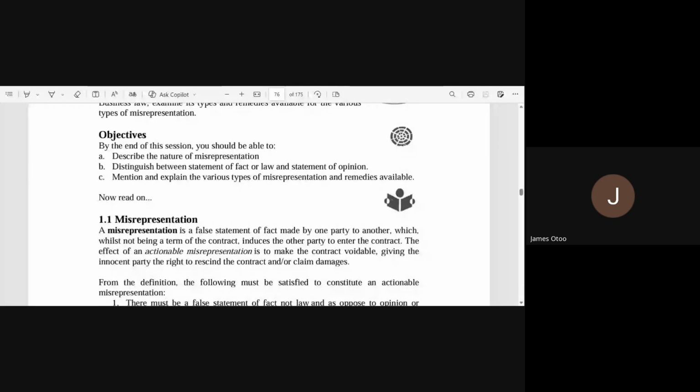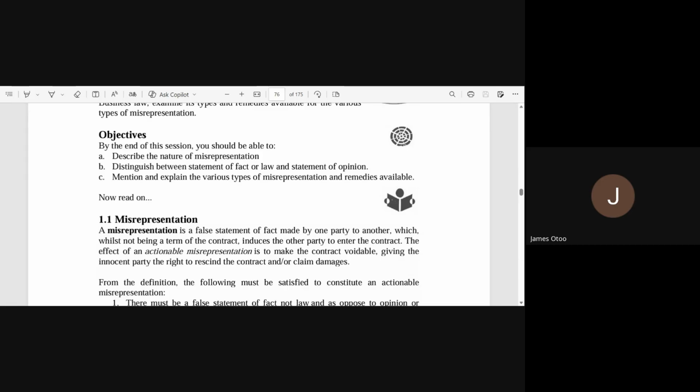Now, when you talk about misrepresentation, we are looking at a false statement of fact made by one party to another party with the purpose of inducing him or her to enter into a contract, even though that false statement is not part of the terms.